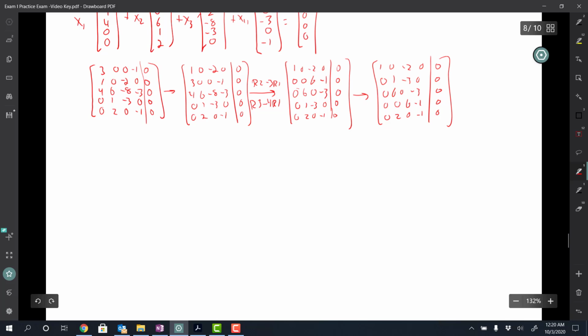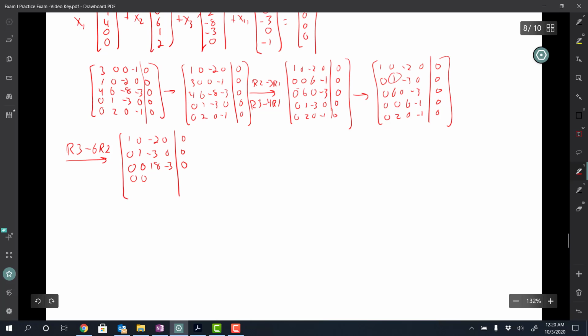Now I'm in position to use that second pivot to get zeros below it. To do that, I'm going to take row 3 minus 6 times row 2. All right, row 1 stays the same. Row 2 stays the same. Row 3 becomes 0, 0, 18, and -3.